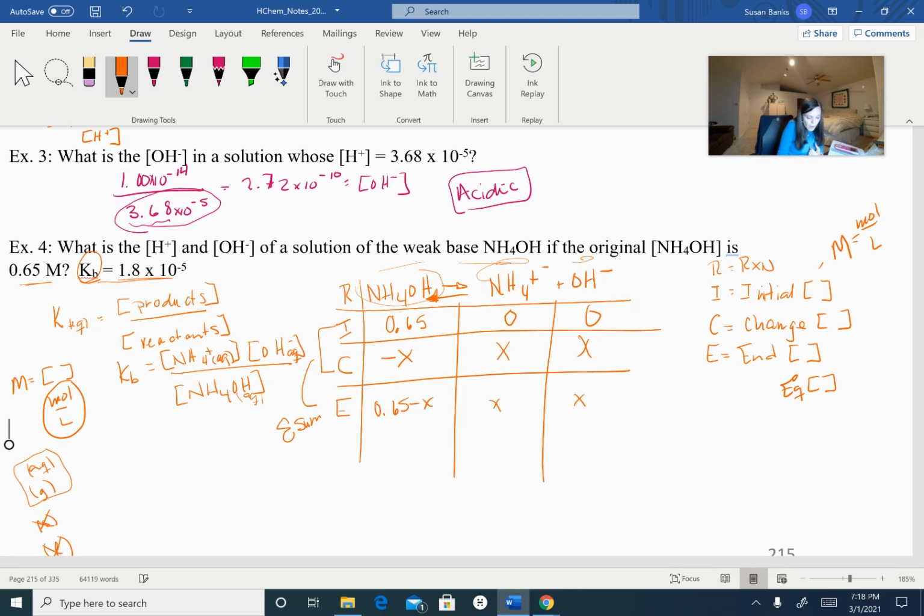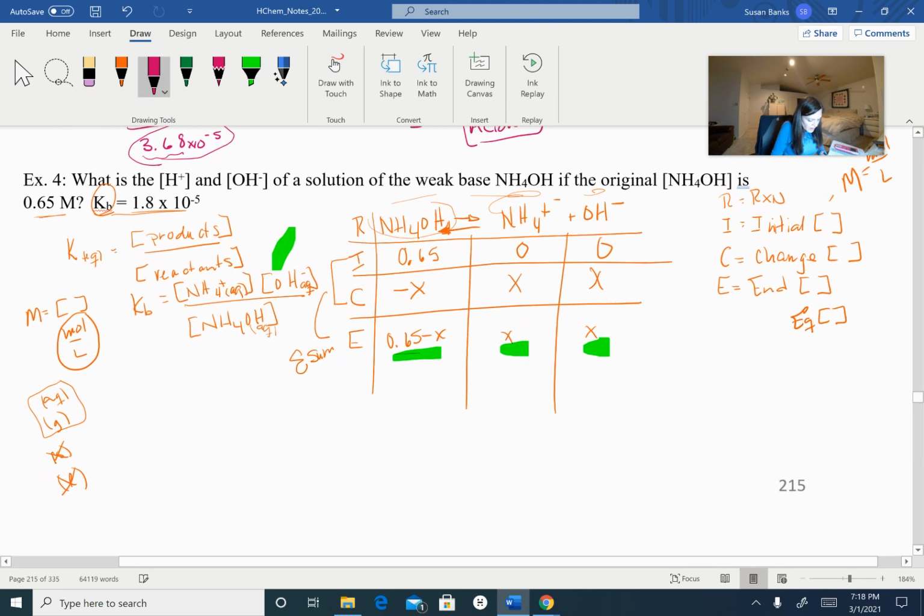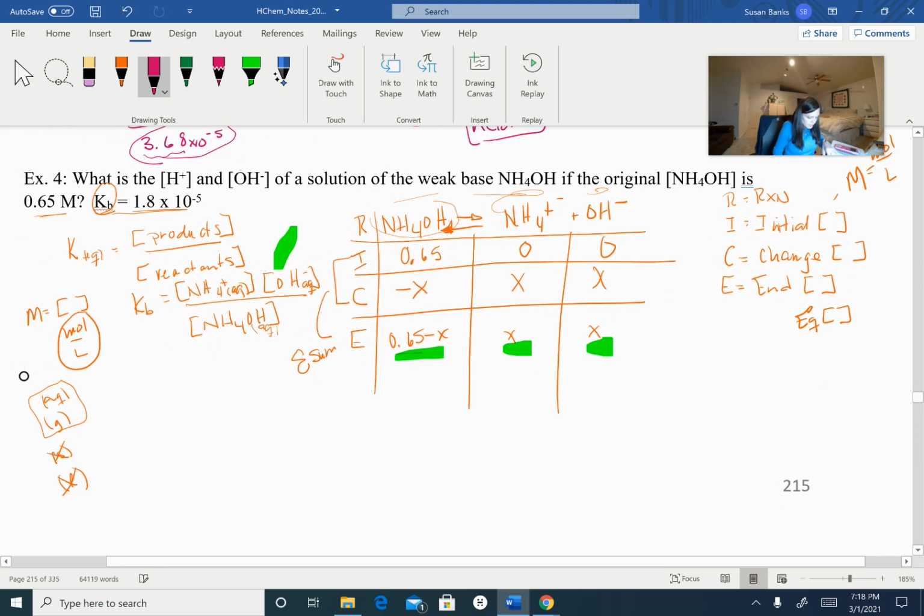Okay, so I'm going to put these equilibrium values that I just created, this, this, and this, into my equilibrium expression that I just did. Okay, so let's do the math here. So if I put it into my equilibrium expression, my products are on top.